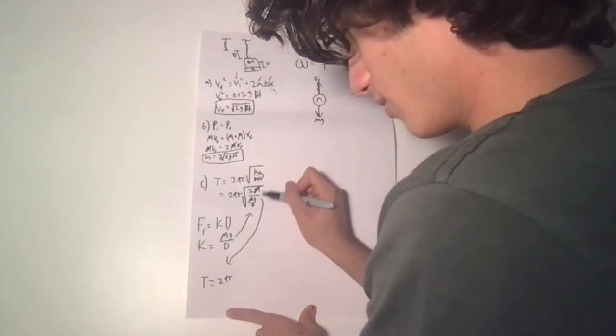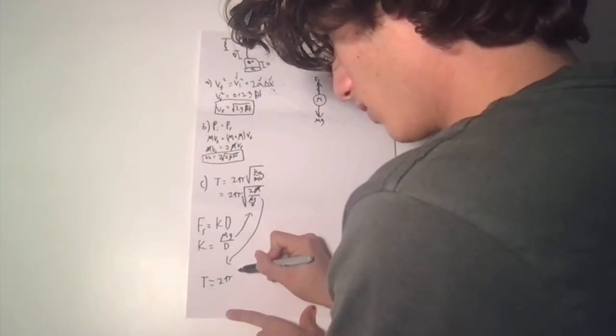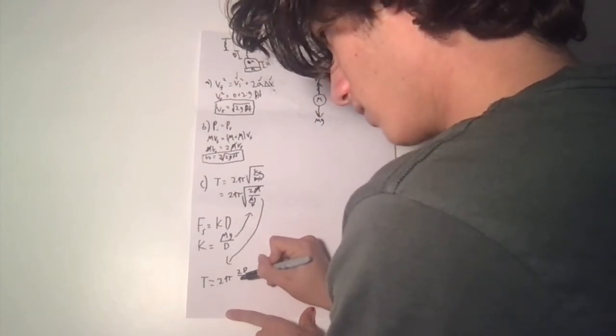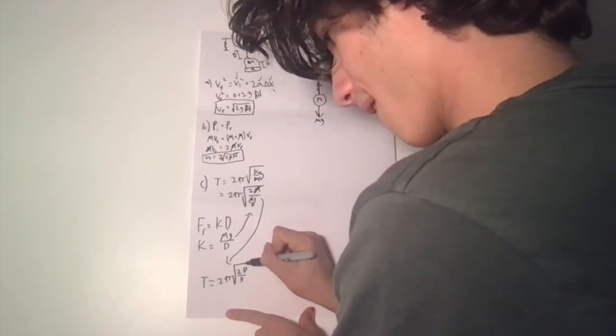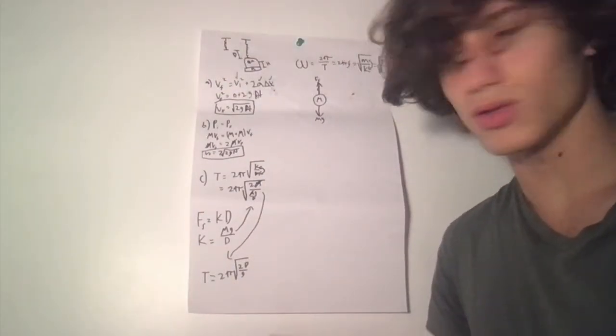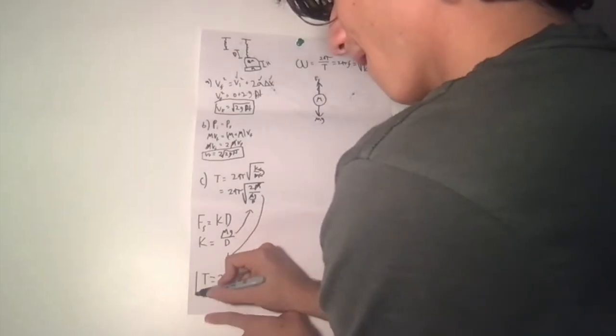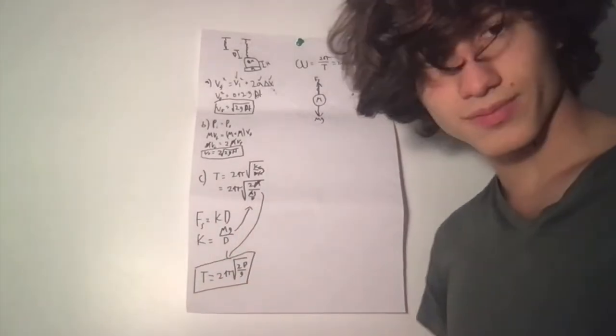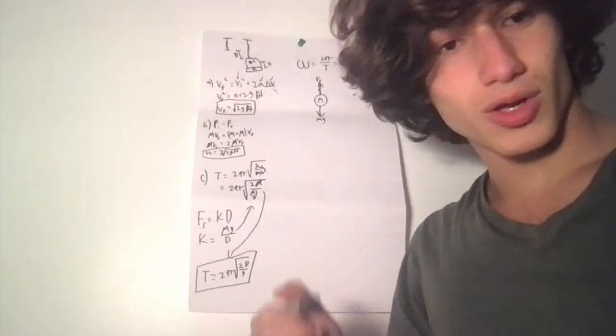M's cancel out. We can bring the d up front. So 2d over g. There we go. That should be our final solution for the period. Beautiful.